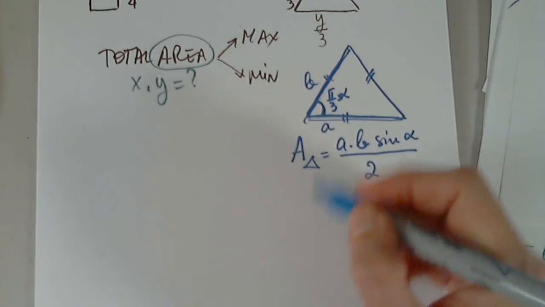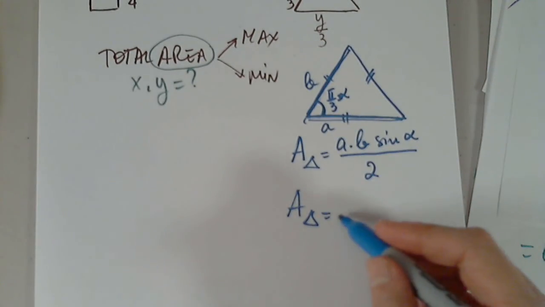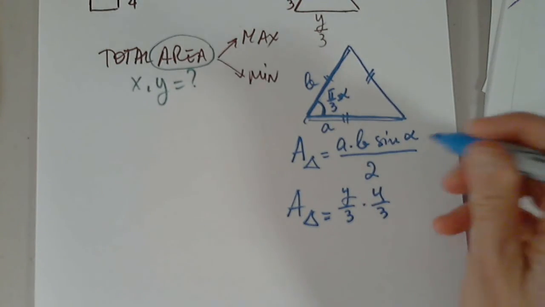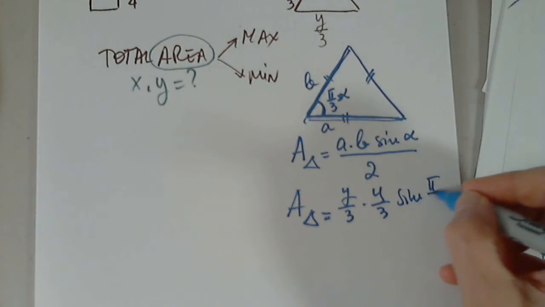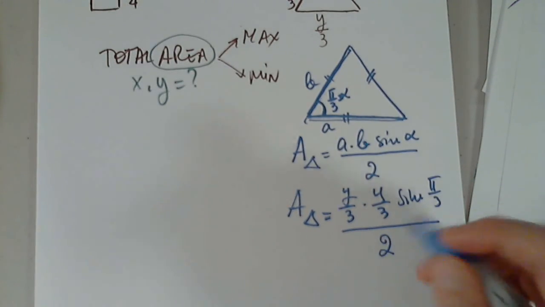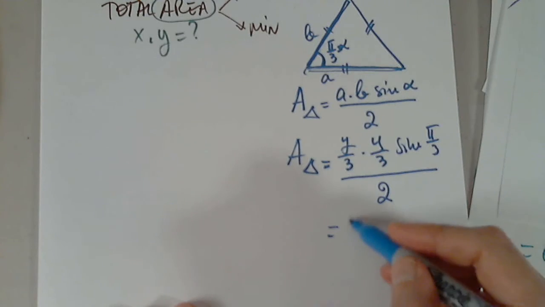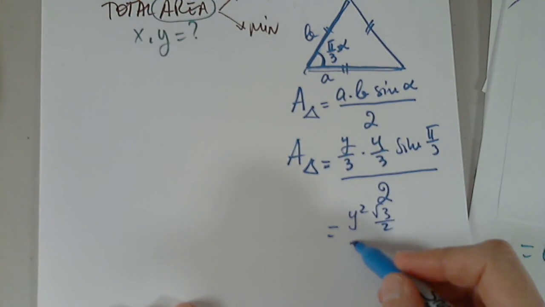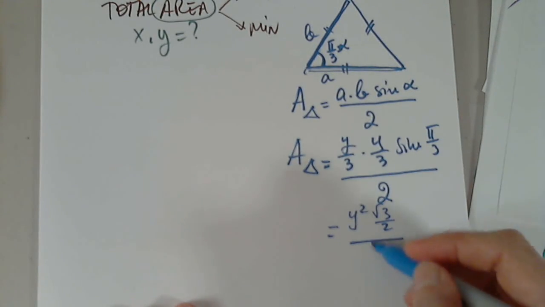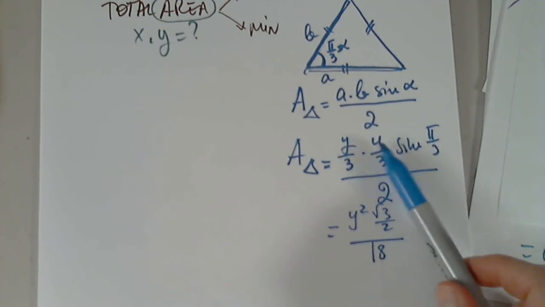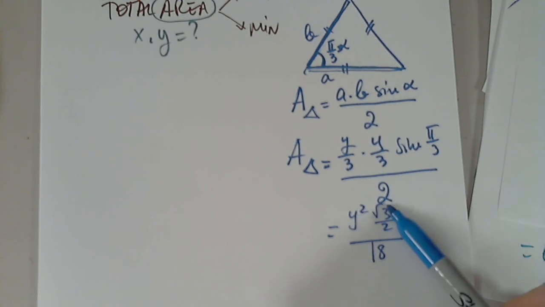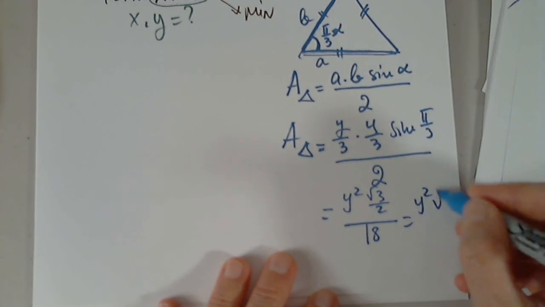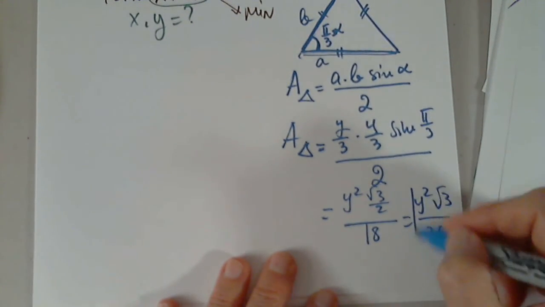So the area of this triangle will be y over 3 times y over 3 times sine pi over 3, everything divided by 2. So it will end up being y squared times the square root of 3 over 2, everything over 18. 3 times 3 is 9, multiplied by 2 is 18, and this will end up being y squared times the square root of 3 over 36.